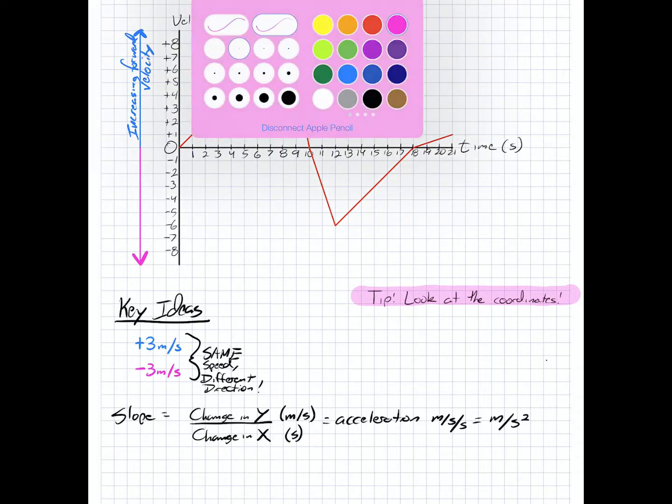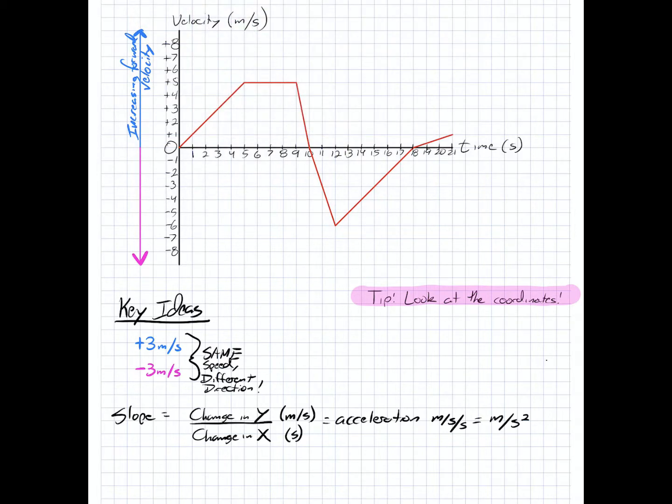And as you move away from the 0 or the x-axis in the negative direction, you are still increasing your velocity, but you are doing it backwards. So increasing backward velocity. So either way you move away from the 0 or the x-axis, you are increasing your velocity. It just depends on which direction you're doing so. And so again, making sure you're paying attention to those positives and negatives.